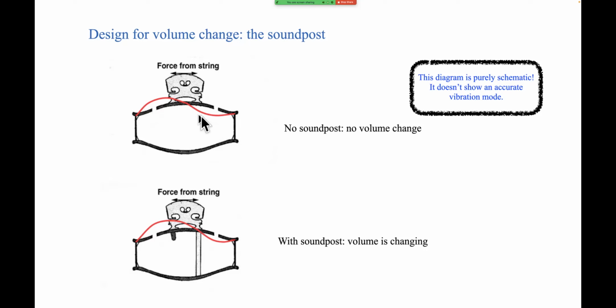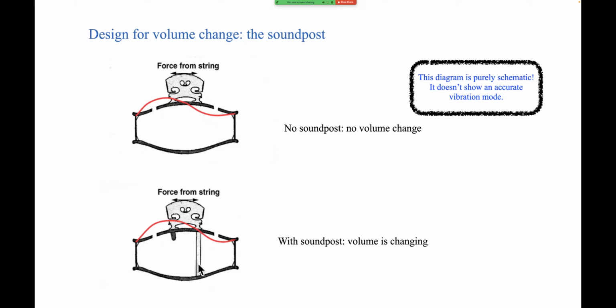And if the top of the instrument and the whole box was symmetrical, it would tend to vibrate in a symmetrical way like this, going up on one side, down on the other side, and then reversing, and in a way where the volumes of these two things would cancel out. So without a soundpost or a bass bar, the violin would tend to vibrate in a way with no volume change, and therefore not good sound radiation at low frequencies, long wavelengths.